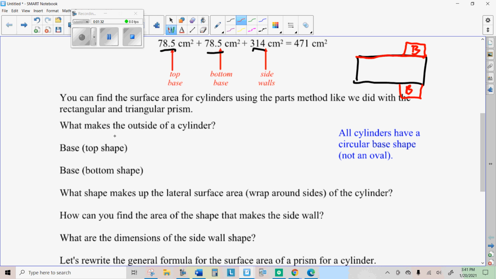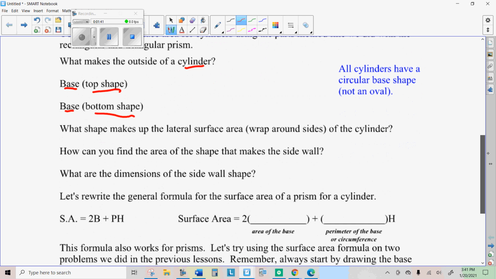Okay, so what makes the outside of a cylinder? The base is the top shape, the base is the bottom shape, so there are two bases. The lateral surface area, which is the wraparound sides of the cylinder, that's a rectangle.